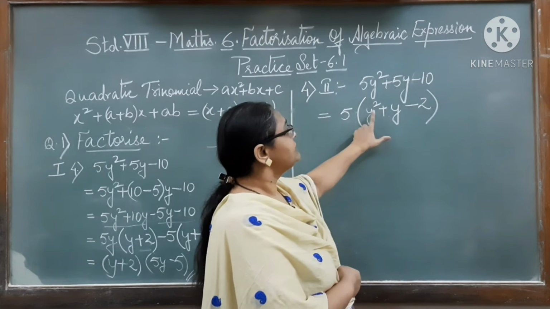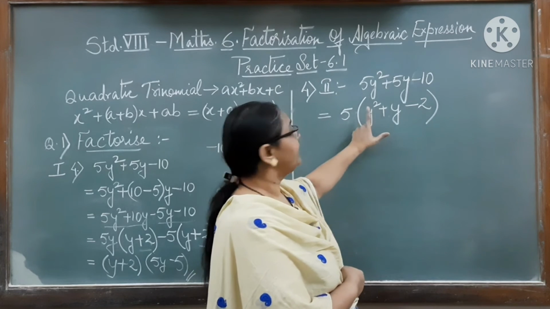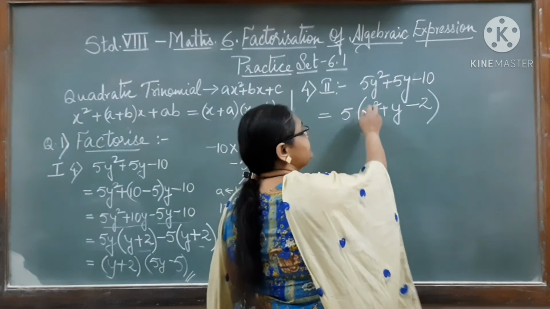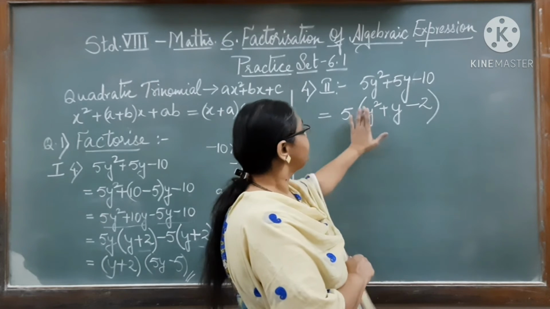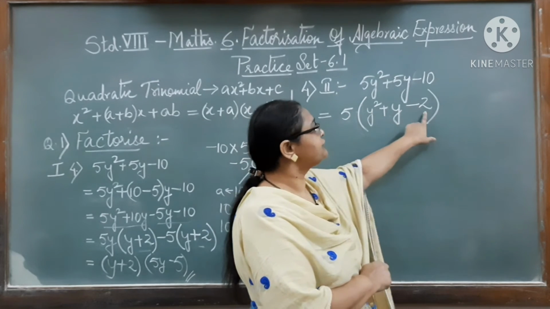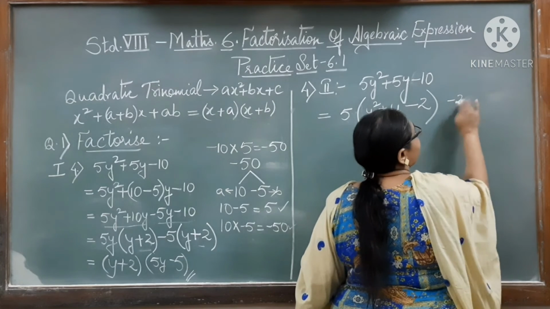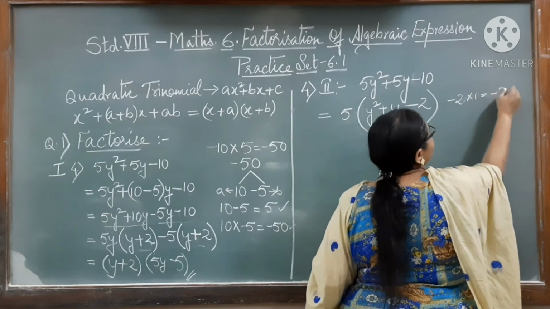Here we have the square term is y square. When there is no number in the coefficient place, we know that it is 1 always, right? So here minus 2 into 1 we are going to do. So let us do minus 2 multiplied by 1. So we have minus 2.